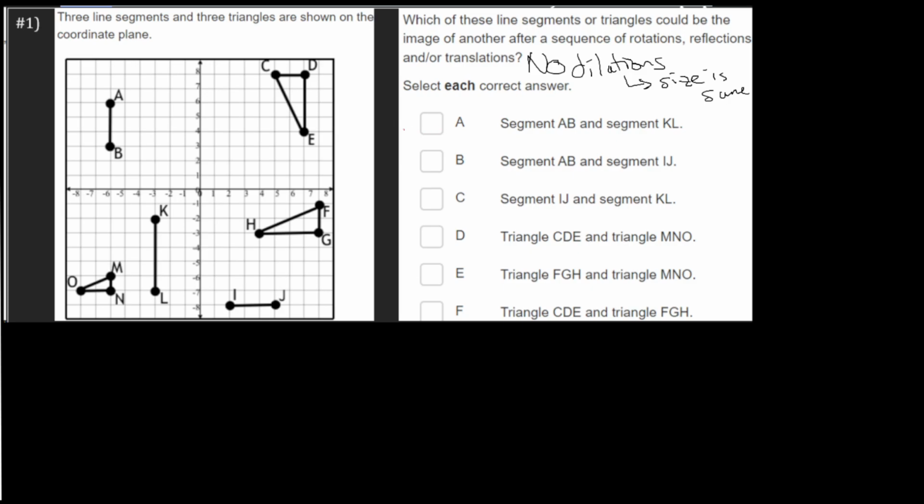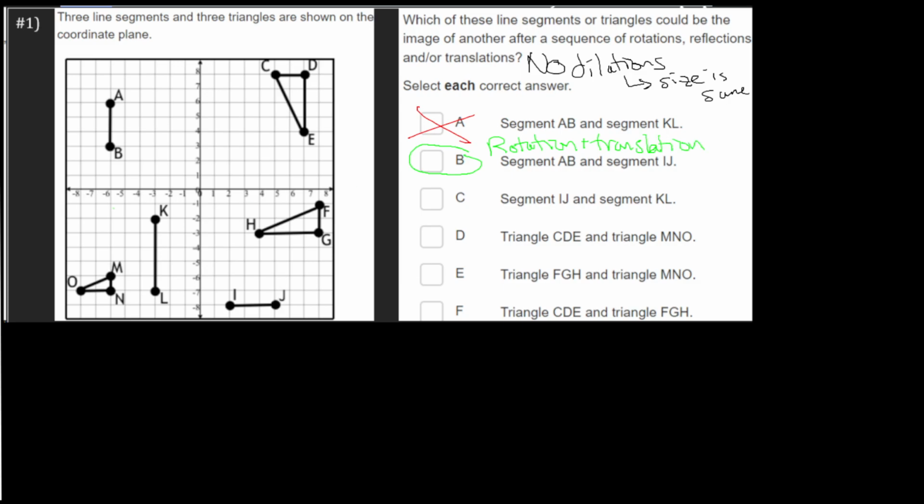I can say, hey, if I'm looking at AB and KL, that is changing in side length, so I know it can't be that one. However, I can say for B, I know that one's going to be good because it is a rotation plus translation.